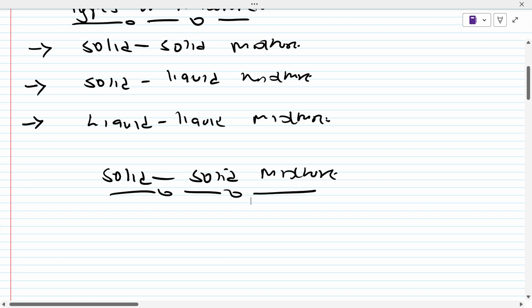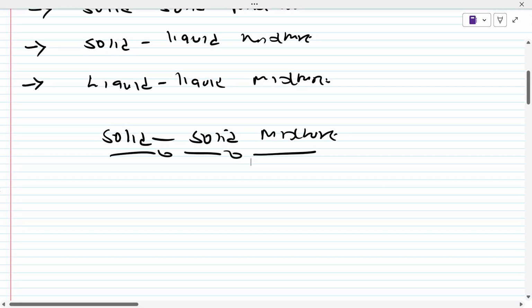These are mixtures formed by solids, meaning the whole mixture consists of solids. I can have different types of solids. I can have sugar and soil. All of them are solids.